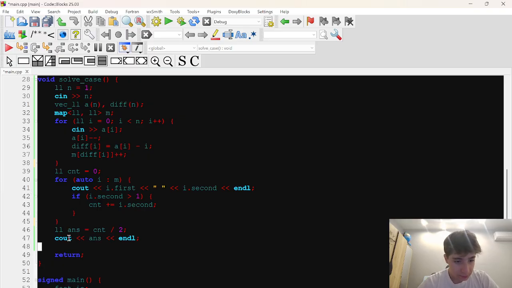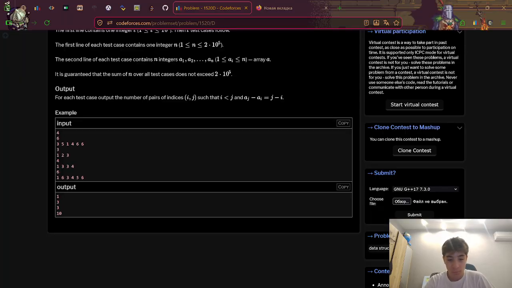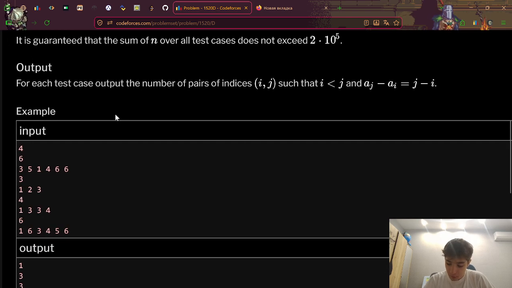Like for example, oh crap, why doesn't it work? Let me just do it like this. For example, for 0 and 2, yep, I could make how many pairs?